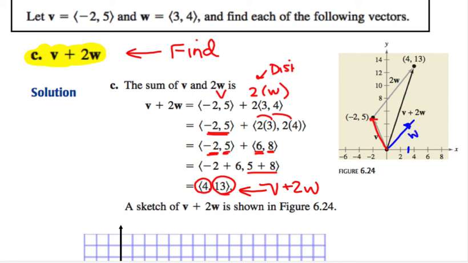Imagine picking it up and increasing it 2 times. So this would now be 2w, and now adding it to that end result. So now what we're done, when we finish it, here is our end point, here is our origin heading off to there, and there is our 4, 13.